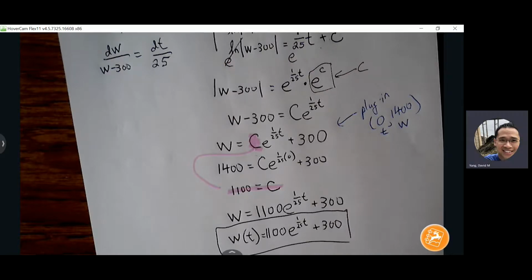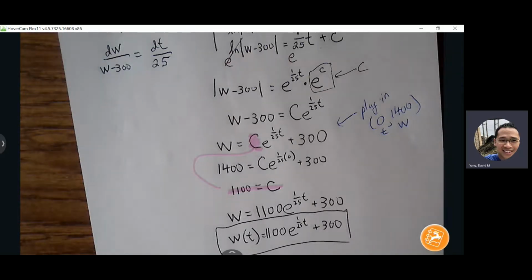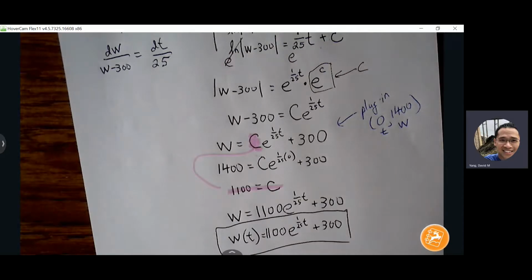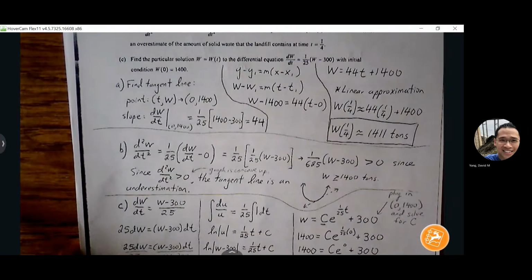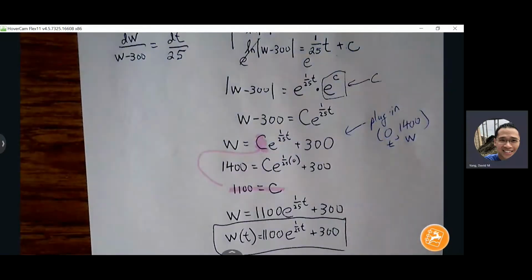So to get the tangent line equation, you want to get your ordered pair. Your slope can come from the derivative. Right? All right, I'll come around and just see how you guys do there. See if I can help you out if you're stuck. Okay, so go to page 14.